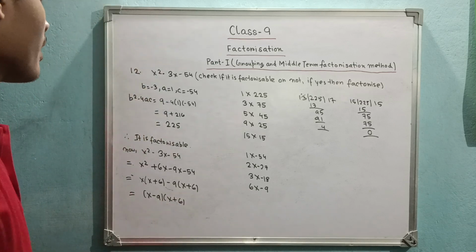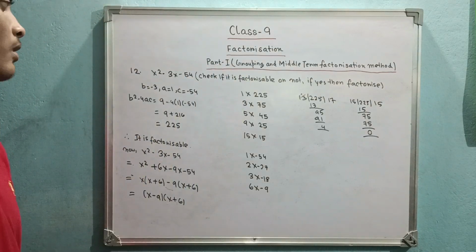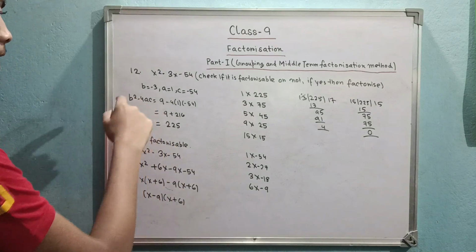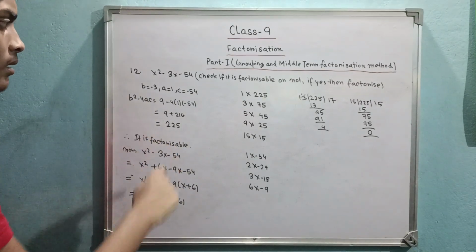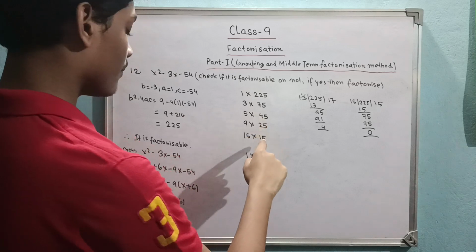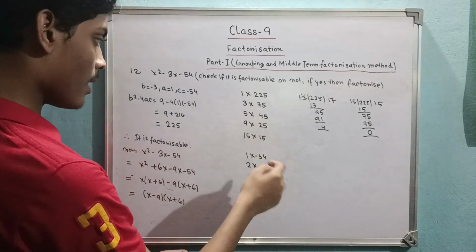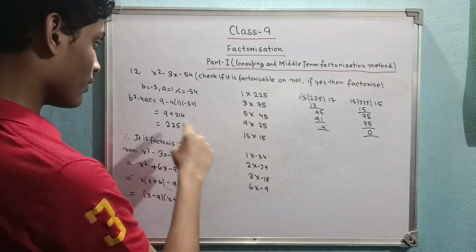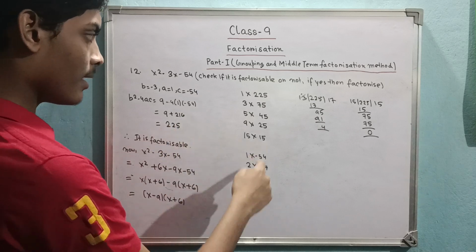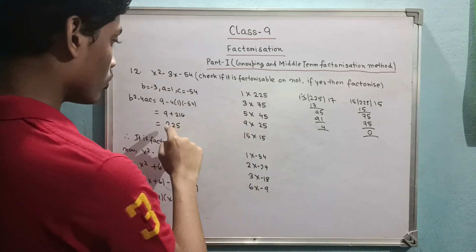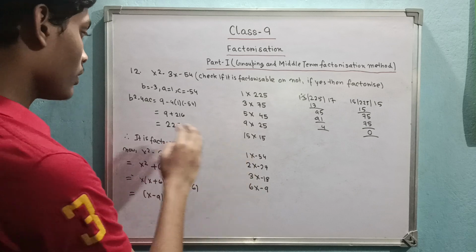So we saw how we can check if any number is factorizable or not. Find out this b square minus 4ac. If the square of any number is equal to this, we got here 15 into 15 is equal to 225, so it is factorizable.